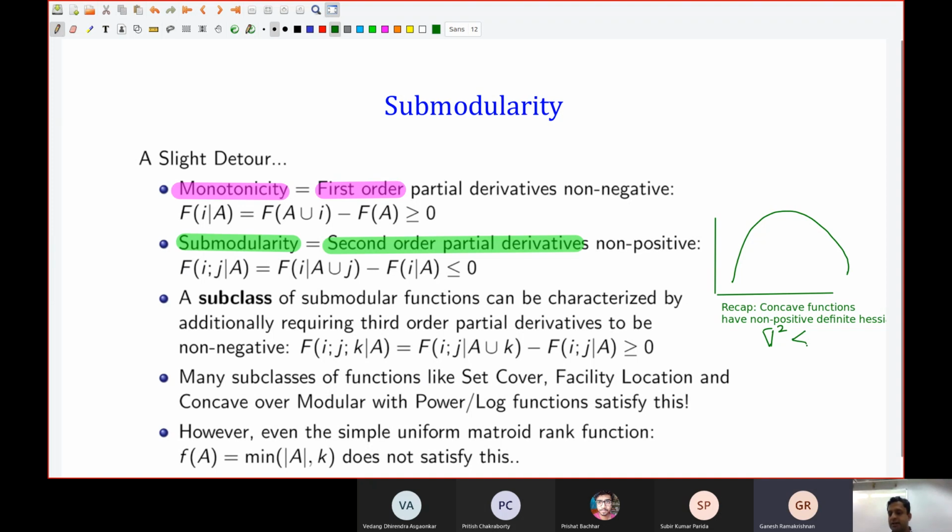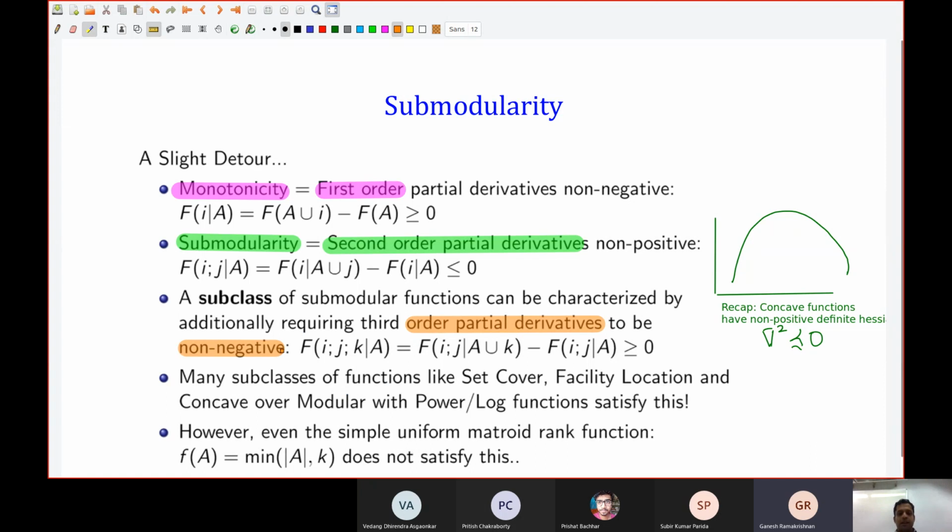That's how we write it, right? Definitely. So you could also now talk of third order partial derivatives, which is important for mutual information. That's what I mentioned. Third order partial derivatives to be non-negative. And what does that mean?